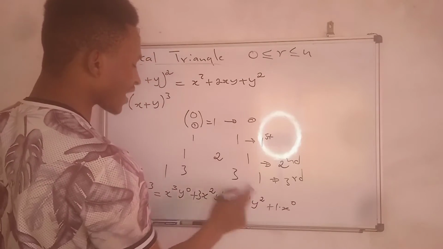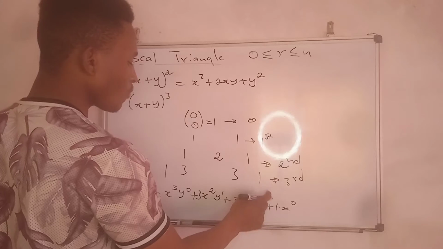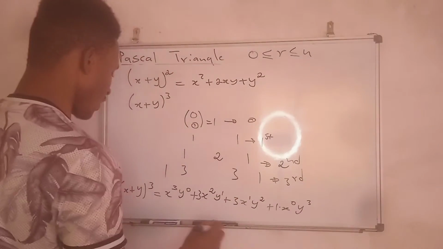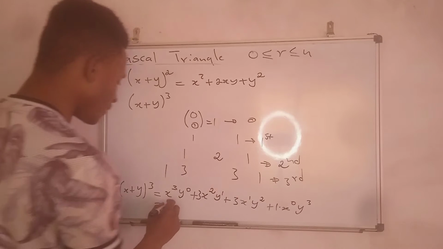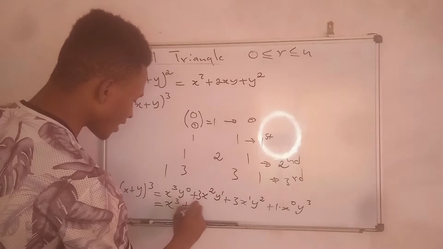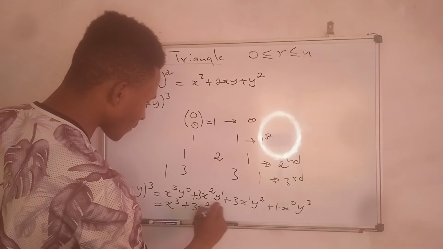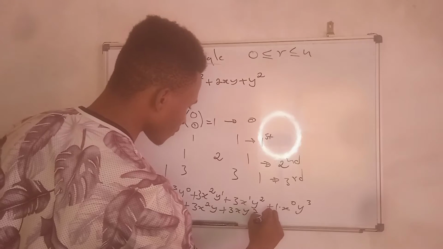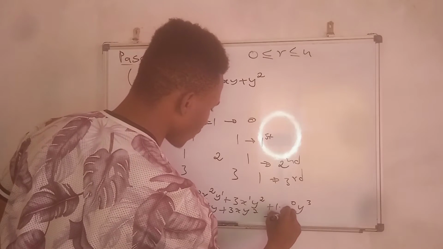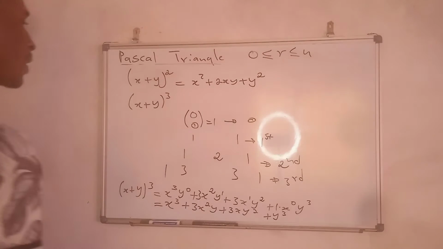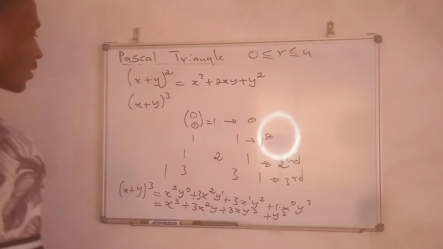This one will increase by 1 because 2 plus 1 is 3, so my y will be 3. So if I expand this carefully, I'm going to have x cubed plus 3x squared y plus 3xy squared plus y to the power 3. It's a little bit simple when using Pascal theorem.